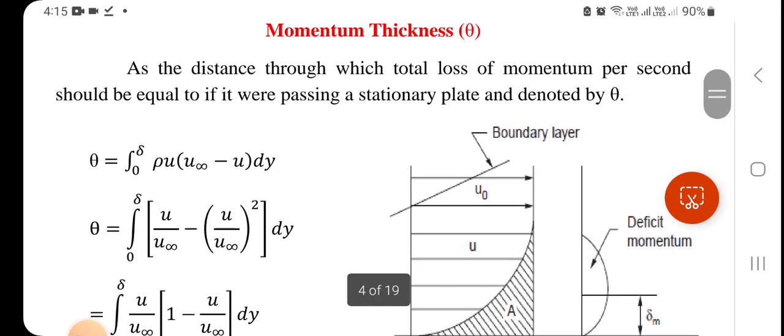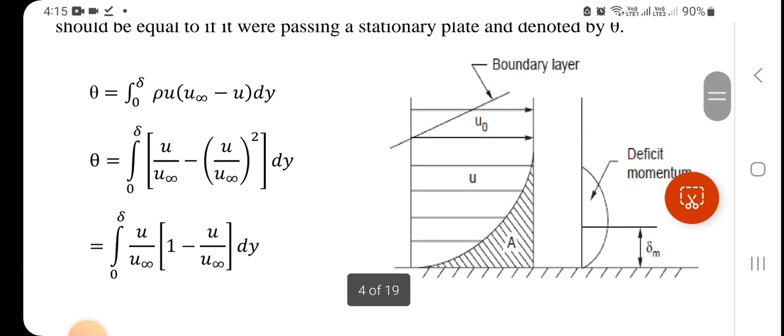So it is the distance through which the total loss of momentum per second should be equal to if it were passing a stationary plane, and it is denoted by theta. Theta is equal to integral 0 to infinity of u by u infinity into 1 minus u by u infinity into dy.